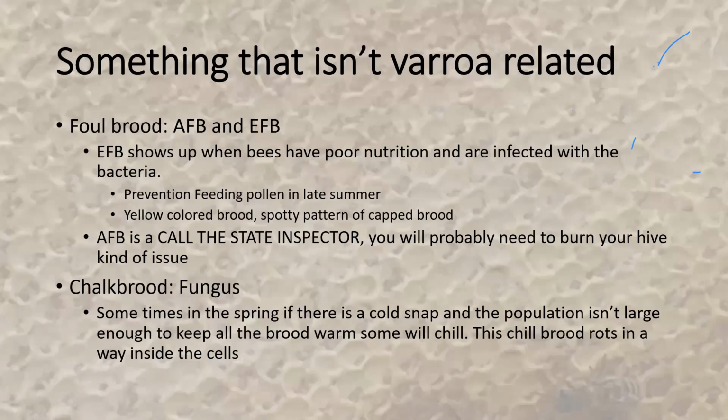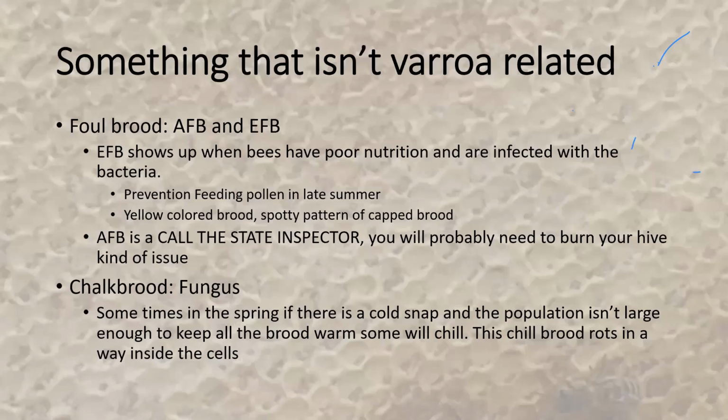The American foul brood, this is something that a lot of beginner beekeeping classes stress over. We're going to talk about it in the next class. I'm going to show you photos. It's very rare.